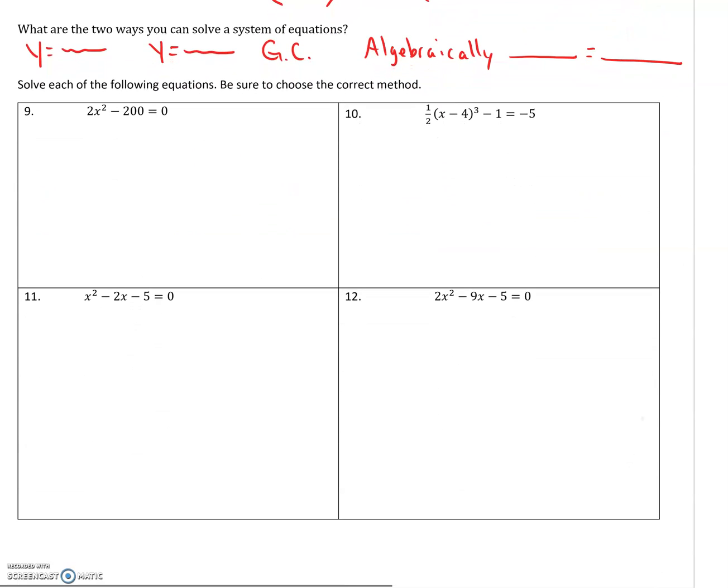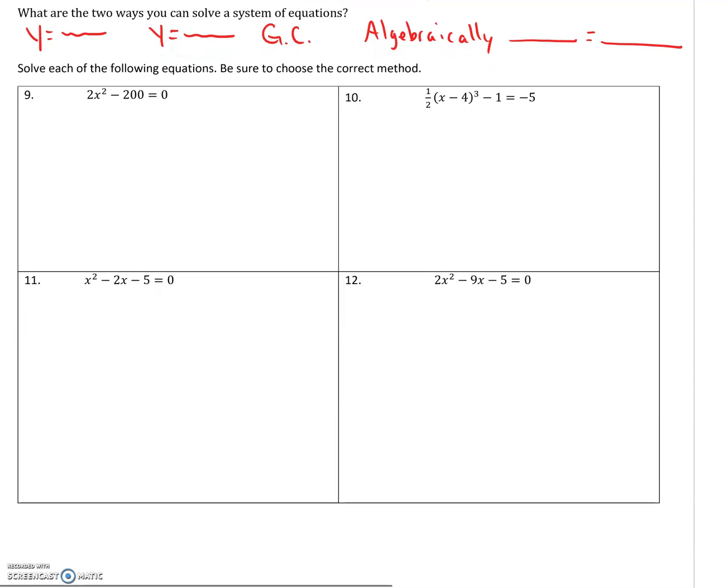So starting with number 9, I need to solve. What I'll look for, one type of x or more than one type of x. There is one type. So I will be working backwards in the order of operations. The first thing I want to look for is the addition or subtraction that I should move. That's this 200. So now I have 2x squared equals 200. After that, I want to use my multiplication or division. So I'll be dividing by 2, which gives me 100.